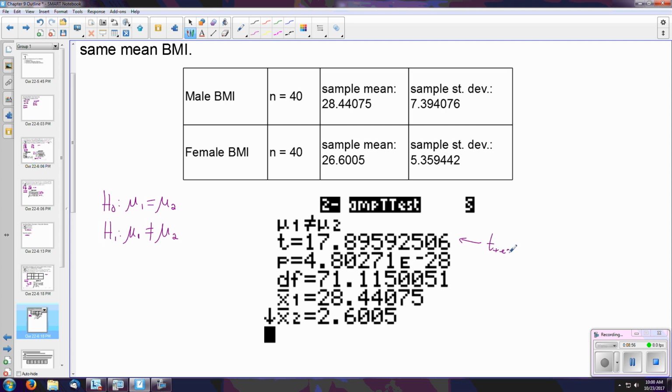So our t-test is 17.896, and our p-value is, holy cow, 27 zeros in front of this. So I would say it's safe to say that that p-value is approximately 0 at that point. Very, very far away.